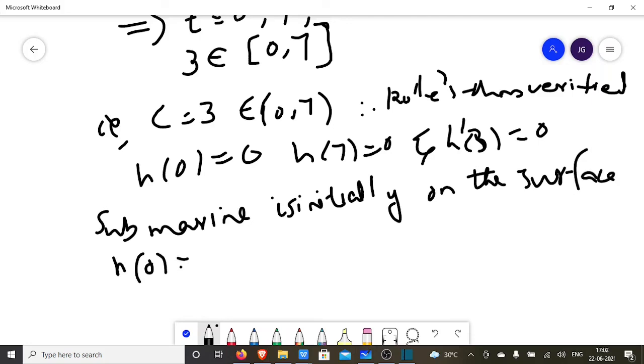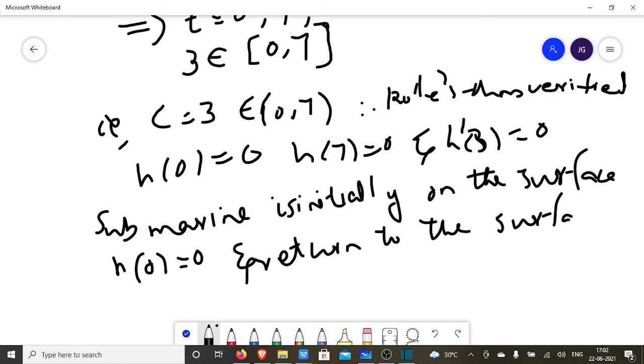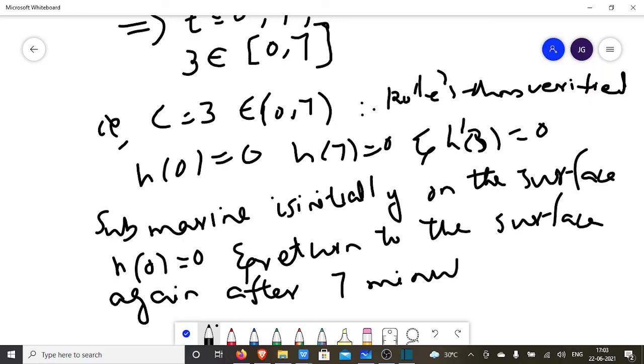H of 7 equal to 0, so it returns to the surface again after 7 minutes.